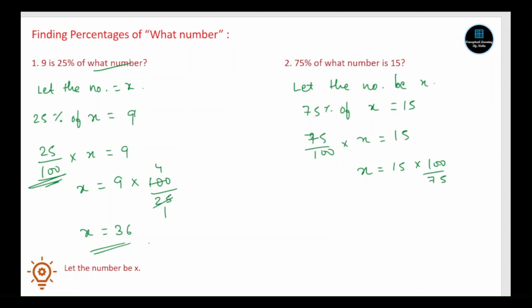You already learned the simplified form of 100 upon 75. Then x is equal to, you can cancel out the 3 and 5, 15 also. So what do we get? 5 into 4, which is 20. x equals 20. So that means 75% of 20 is 15. I hope you understood this. Great.